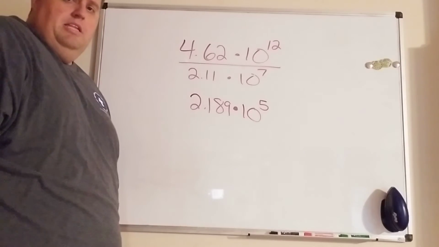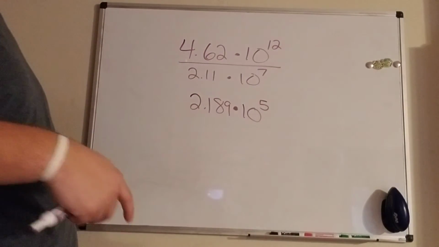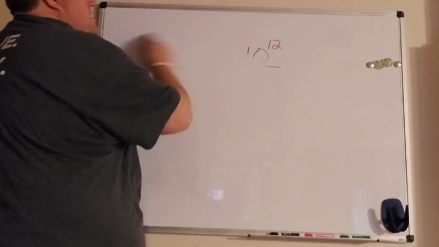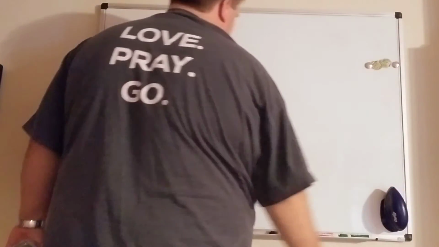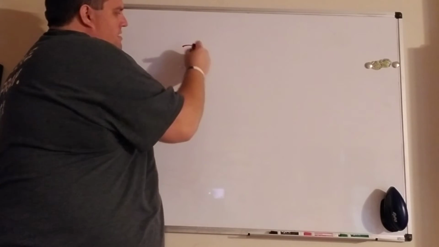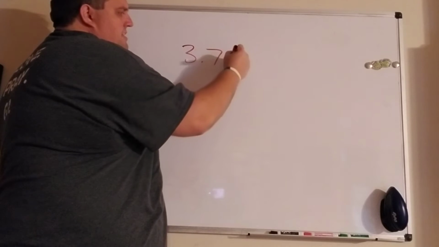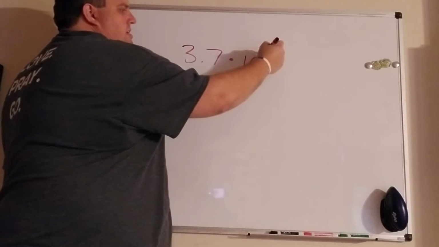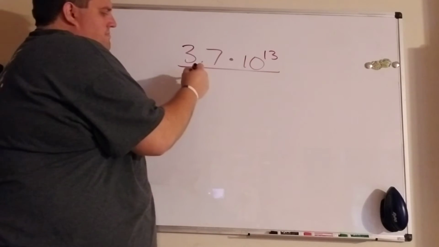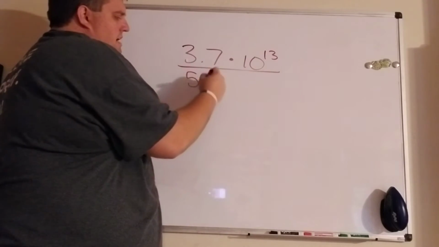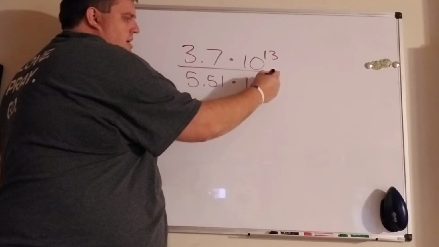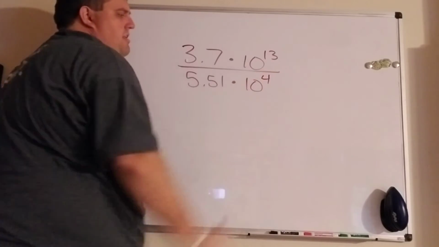Right? Now there is a tricky part to this, and that just depends on what the problem is. So let's say that I'm going to divide 3.7 times 10 to the 13th divided by 5.51 times 10 to the 4th.